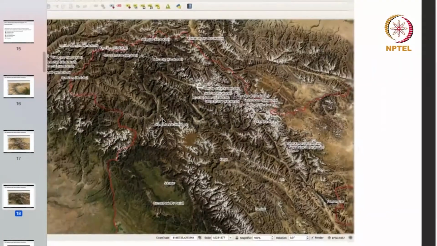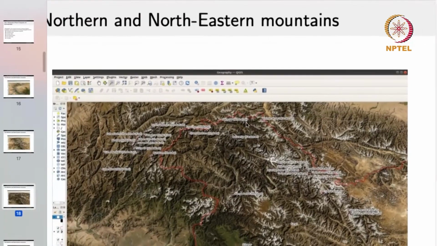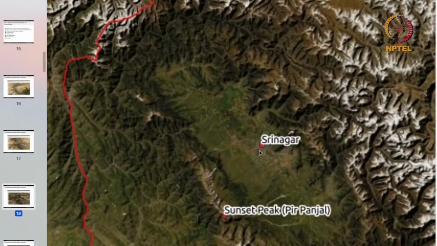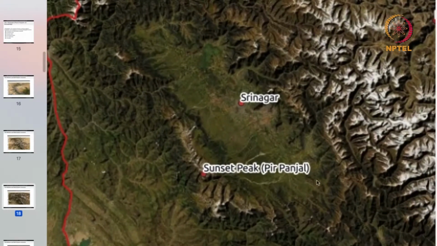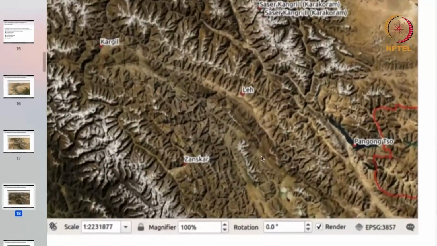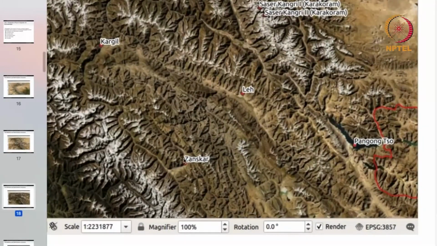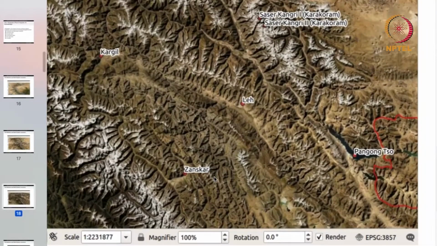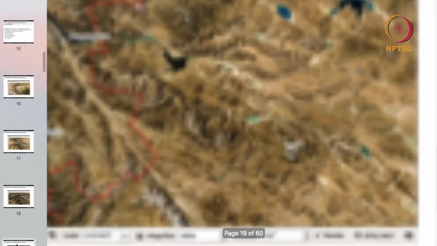And if we look at this portion in more detail, we will find that this is Srinagar. This is the Kashmir Valley, and this Kashmir Valley has Himalayas on one side and Pir Panjal range on another side, and this is a peak of the Pir Panjal range. Here we have the Leh range, and here we have the Zaskar range. These are two other important ranges in this region.